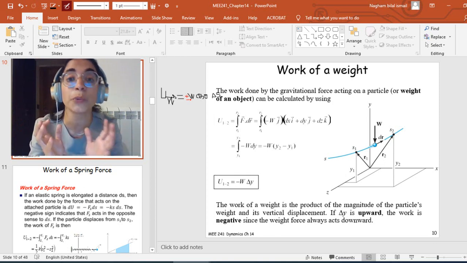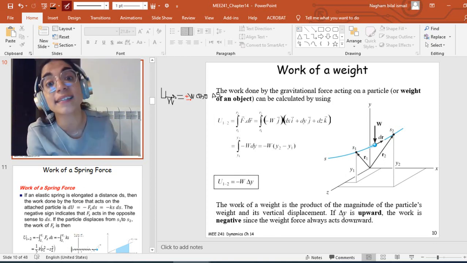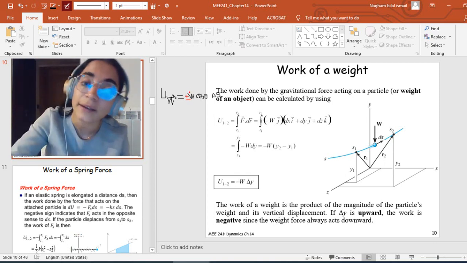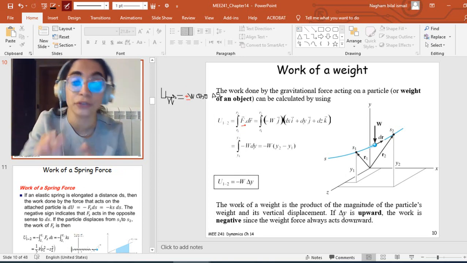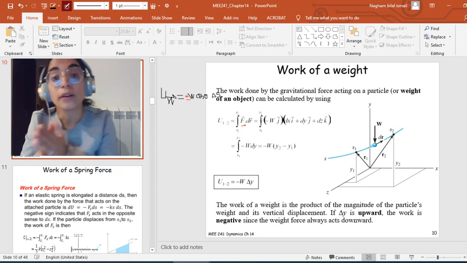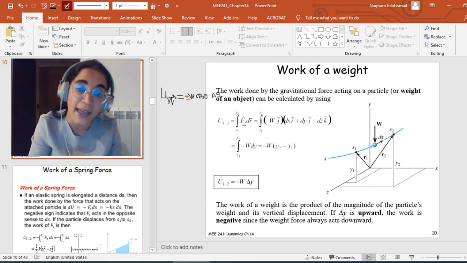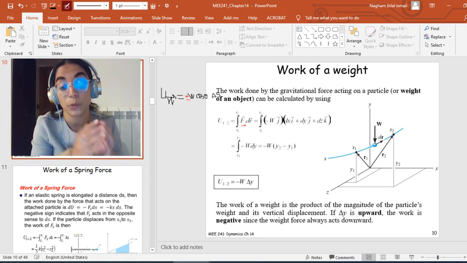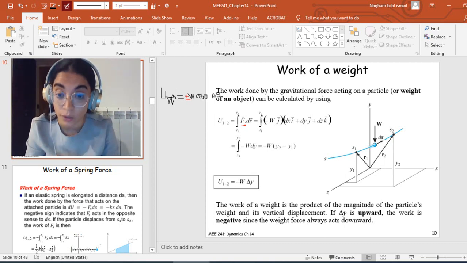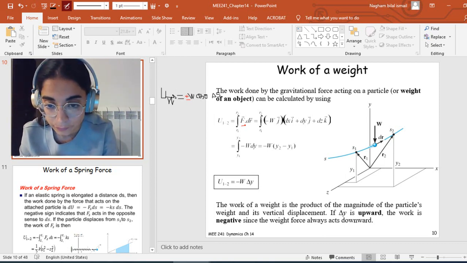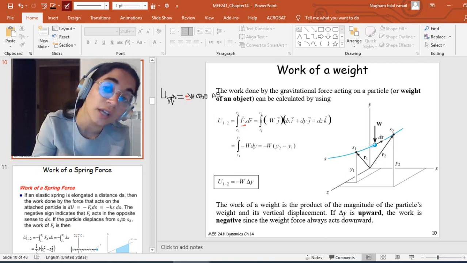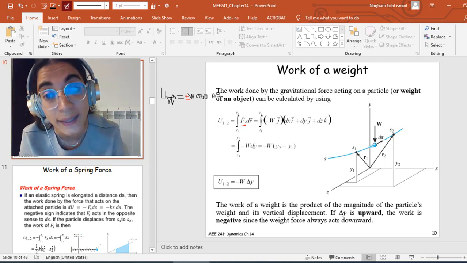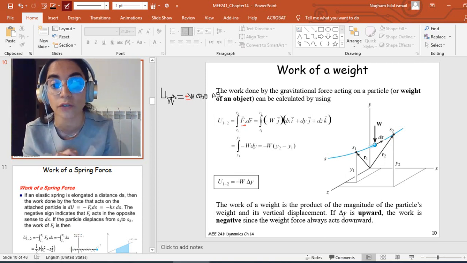Now, guys, if I want to get rid of the sign and not think about it, I can transform the work of the weight into Cartesian form. So I'm going to replace the force F in vector form with its Cartesian form, which is in fact minus Wj, because the weight is always downward. And then I'm going to replace the dr by dxi plus dyj plus dzk. And then I'm going to do the dot product between these two vectors in Cartesian form.